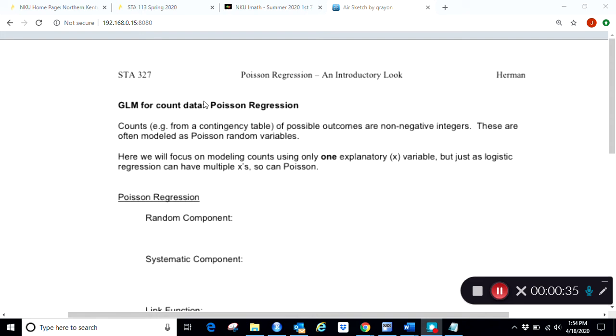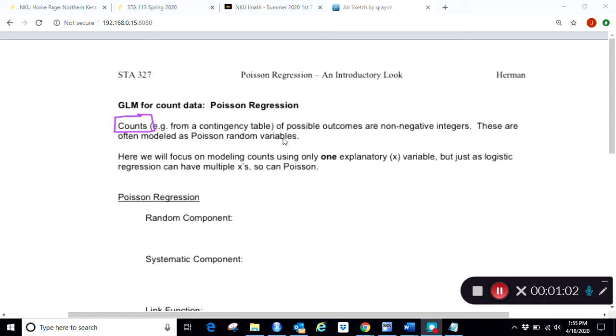So a quick idea of why Poisson regression would be done: let's first go back and think about logistic regression. The goal of logistic regression was to model a binary response variable, where we had just a success or failure in data. Poisson regression is no longer trying to model a binary response variable, and instead is trying to model counts.